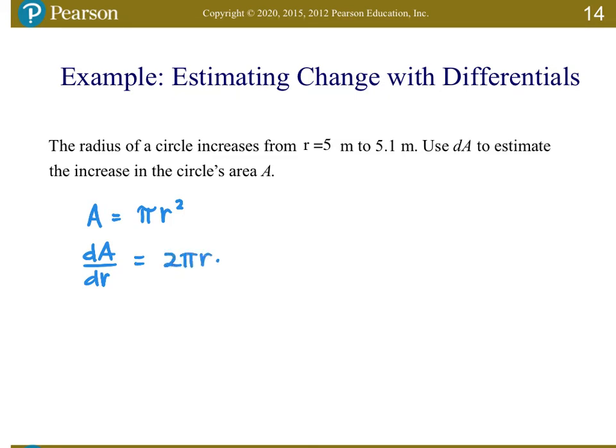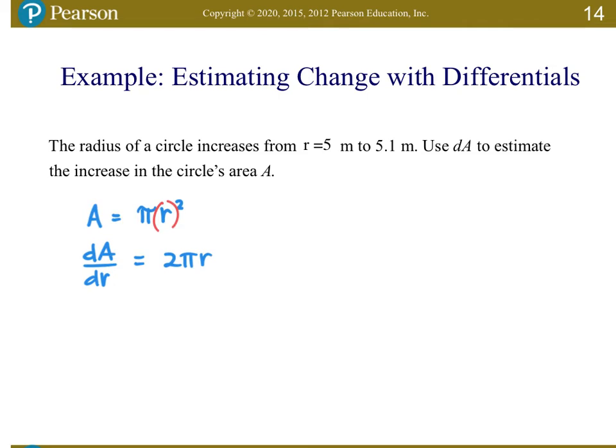And because there's implied parentheses around this r, we have the chain rule, which would be dr over itself, dr, which we know is 1. So we'll take care of that.